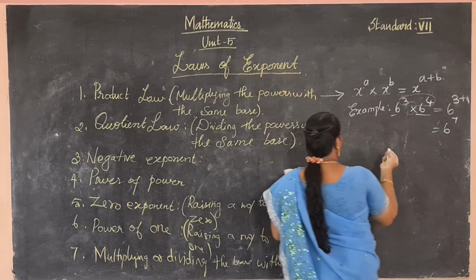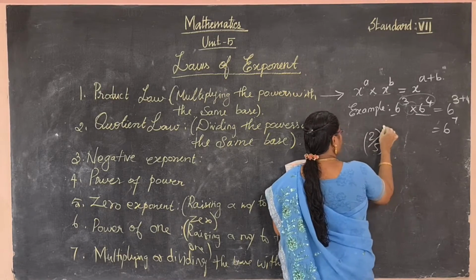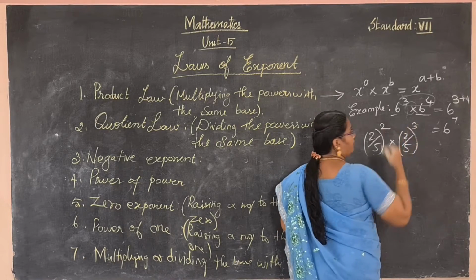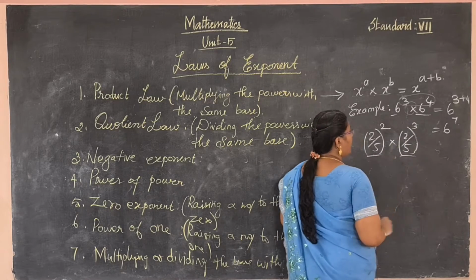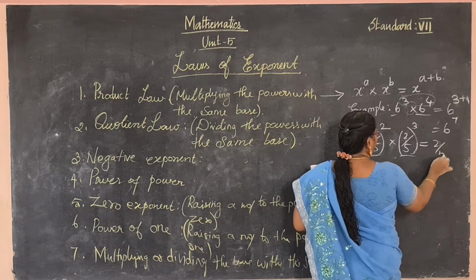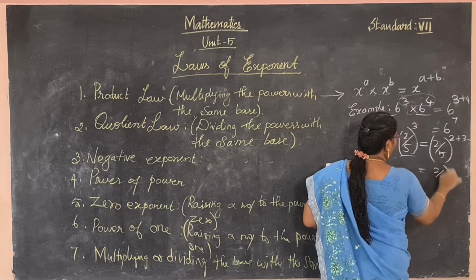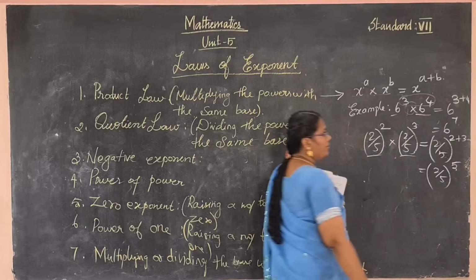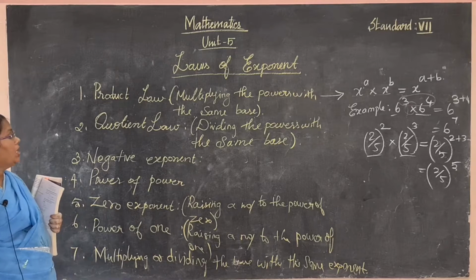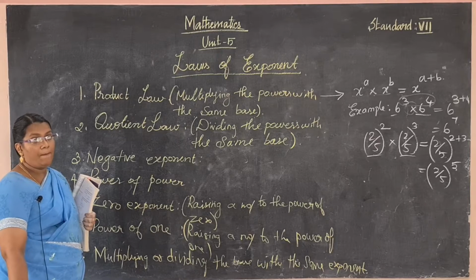Another example: 2 by 5, a rational number, with power 2, into 2 by 5 to the power of 3. The base values are the same, so we add the powers. 2 plus 3, so we get 2 by 5 to the power of 5 as the answer. This is called the product law, or multiplying the powers with the same base.